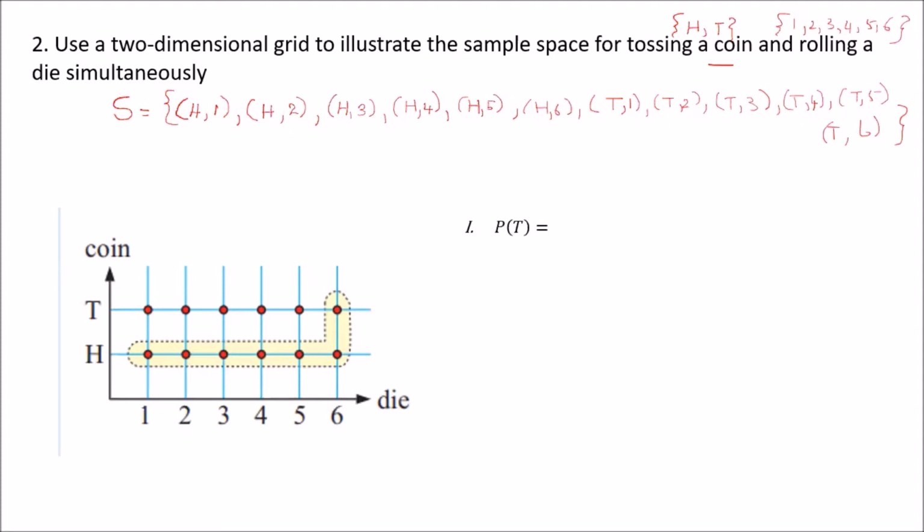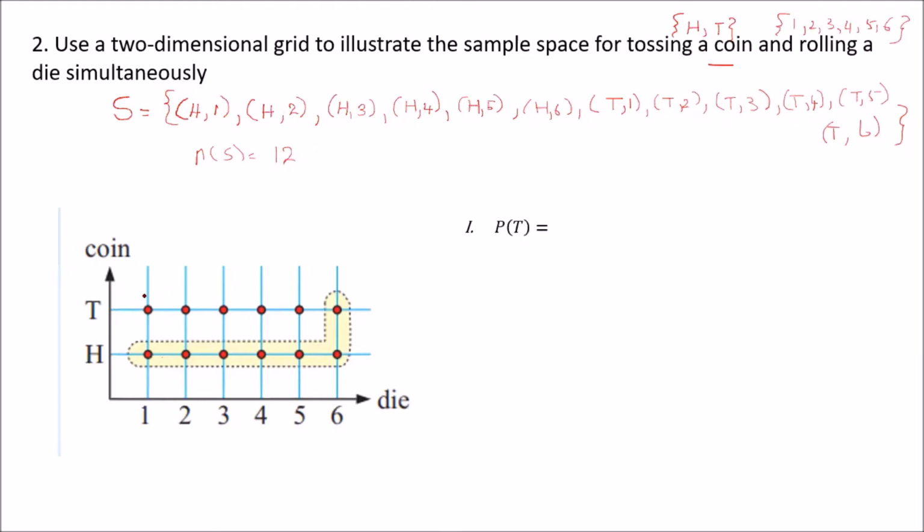Let's write first one, probability of obtaining tail. What is n(S) here? How many elements are there in S? Yes. 1, 2, 3, 4, 5, 6, 7, 8, 9, 10, 11, 12. n(S) equals 12. Now what is the probability of obtaining tail? How many events are there? 6/12.